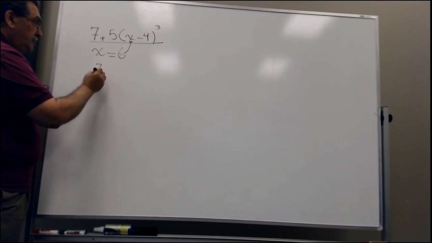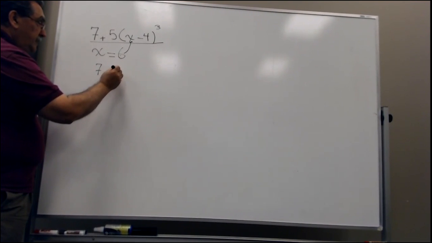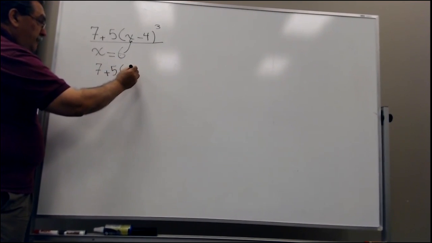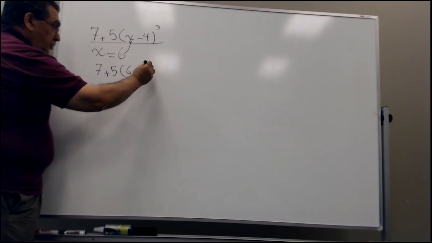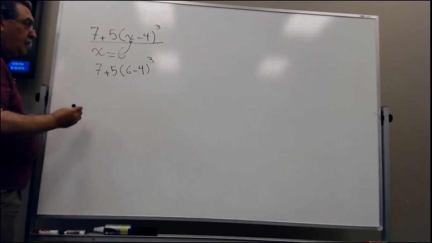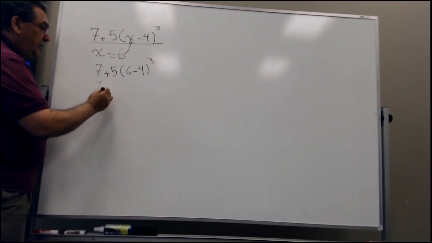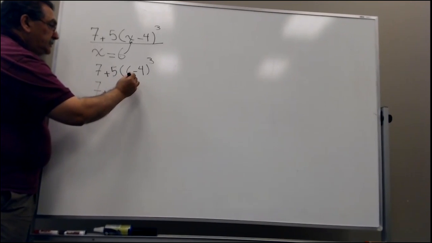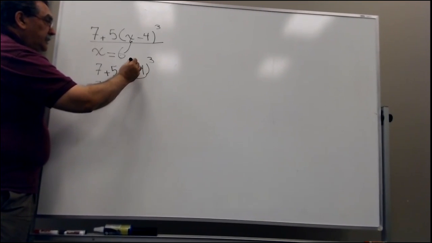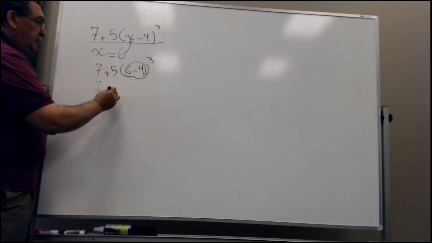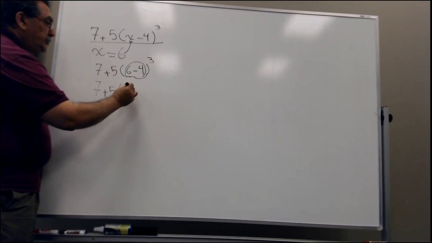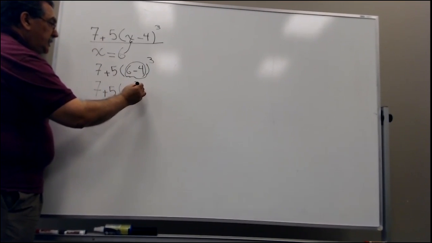You have 7 plus 5 times (6 minus 4) to the power of 3. First, we simplify inside the parentheses. 6 minus 4 is 2, to the power of 3.